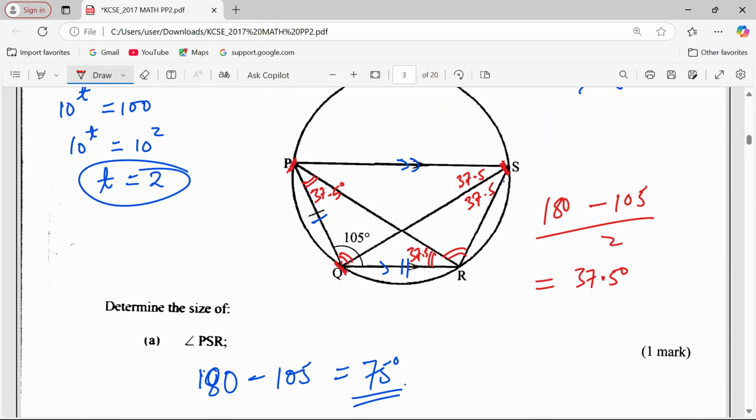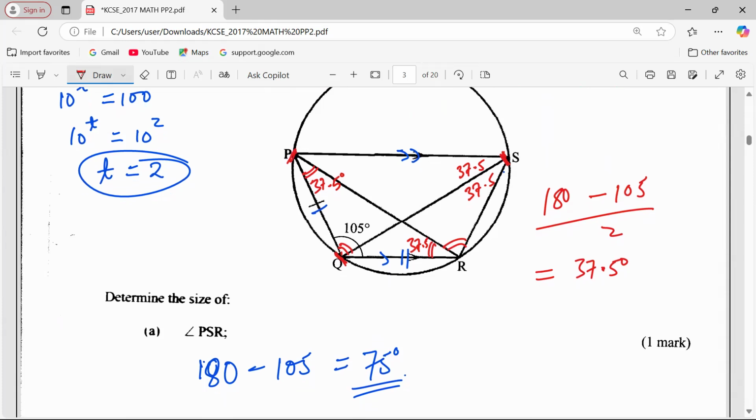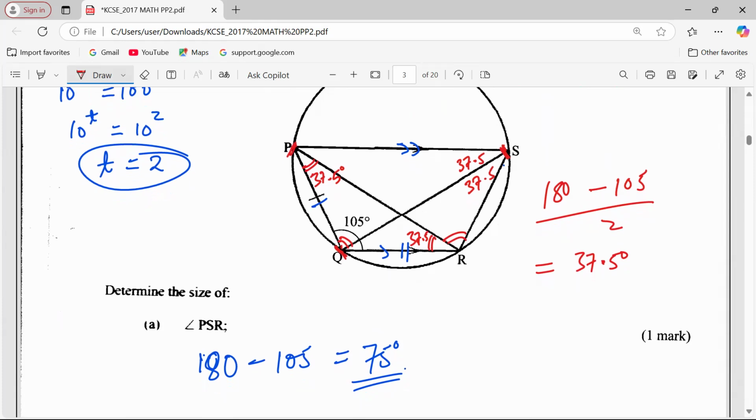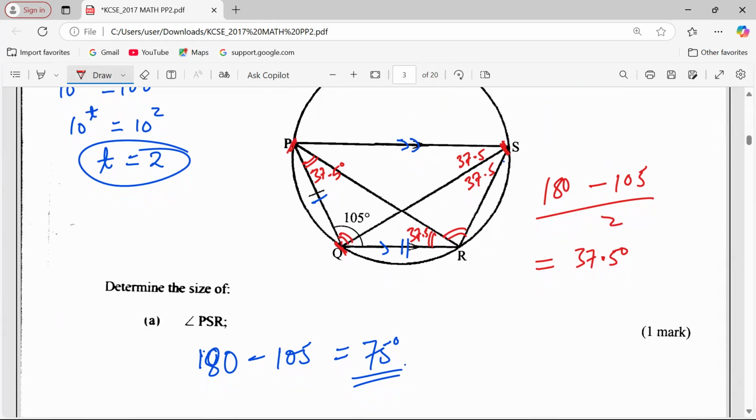PQS, because we are having PQS, yeah, that way. So now we can get the missing angles here, whereby we will say that the angle being 105, just a minute.